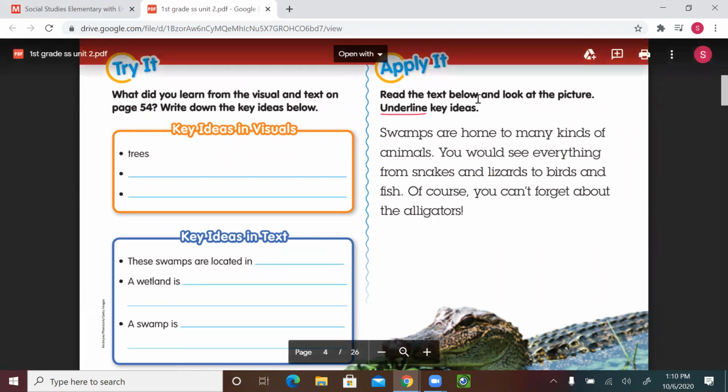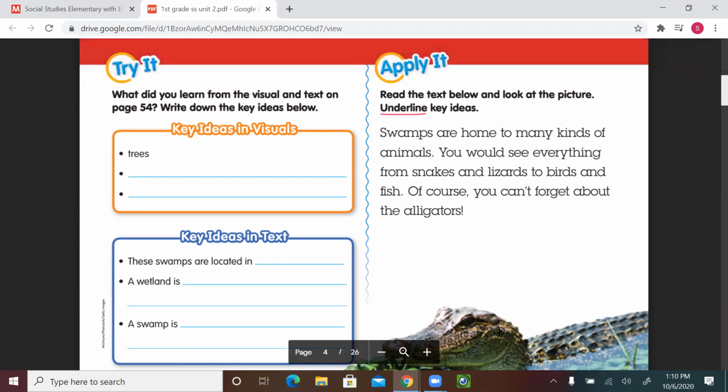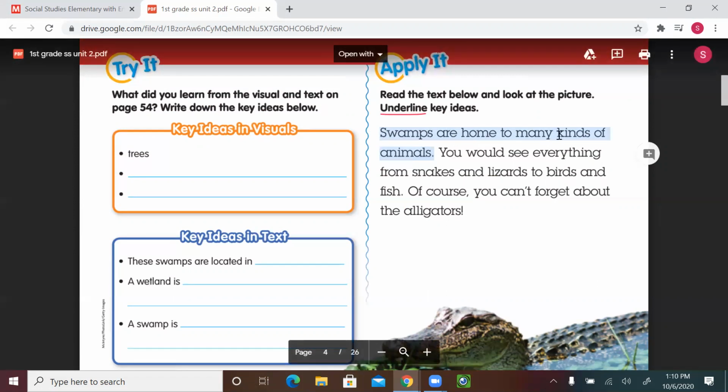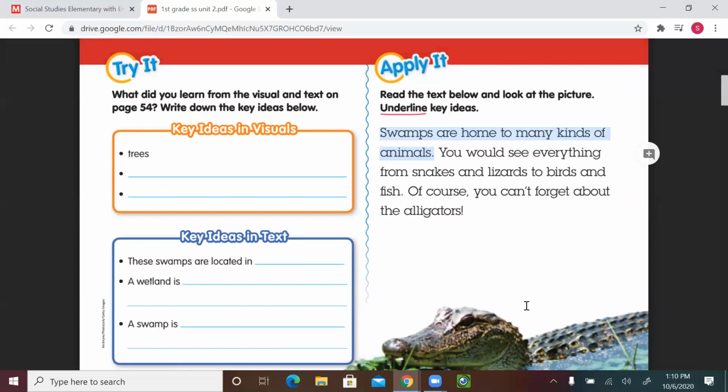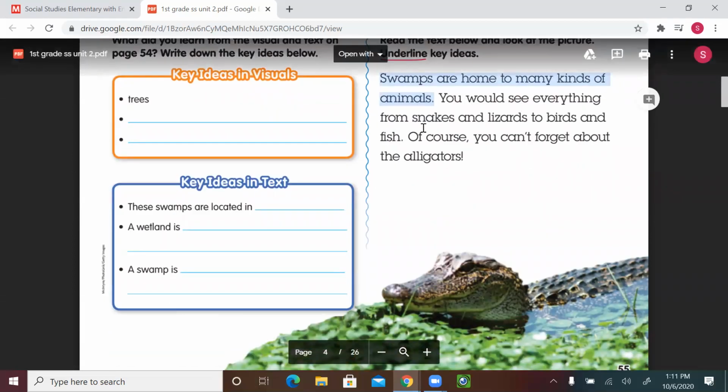So look at the picture, underline the key ideas. So the key ideas would be, first, swamps are home to many kinds of animals. So we'll be underlining this part. Swamps are home to many kinds of animals because they show me part of it. And then you would see everything from snakes and lizards to birds and fish.